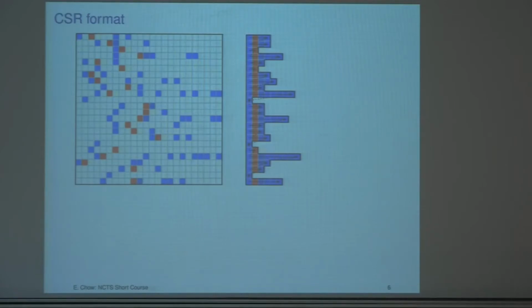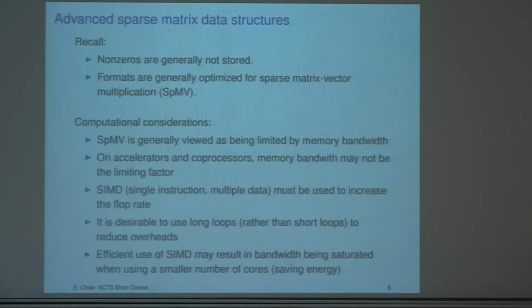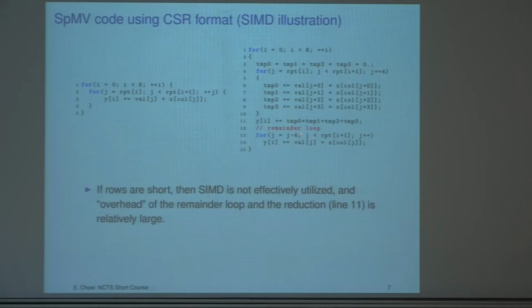So the remainder loop is used a lot relative to the number of times we execute this loop if the rows are short. And if the rows are short, this summation over here also takes up a relatively large proportion of the time. So this type of thing is good if the rows are really long.